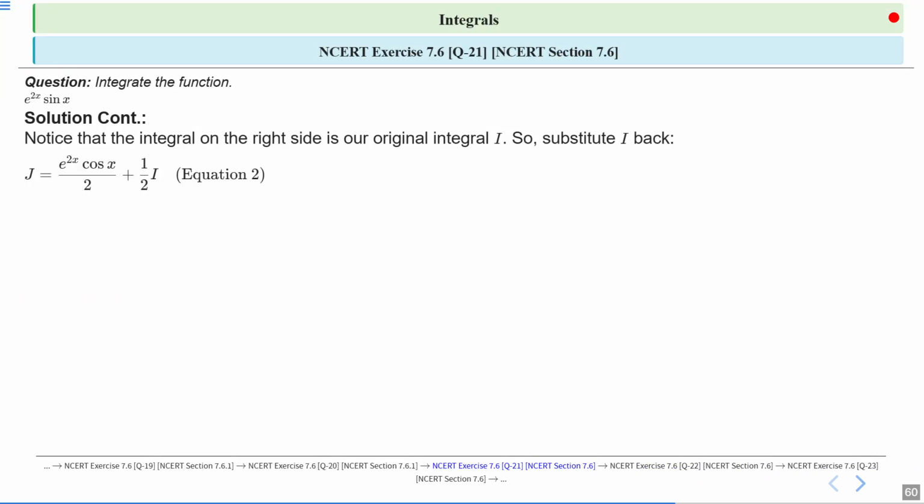In the last part, when we find the value of J, we get e^2x cos x by 2 plus 1 by 2 integration of e^2x sin x, and that is I. So just put I in place of integration of e^2x sin x.